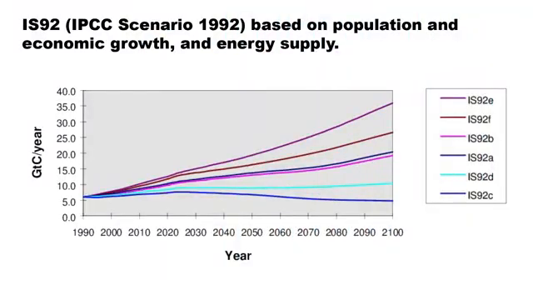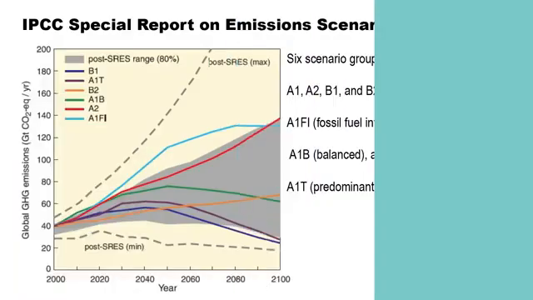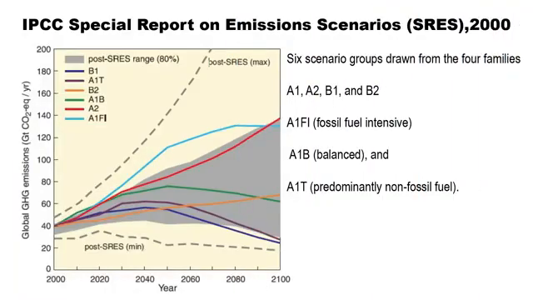The first climate change scenario, called IS-92, was released in 1992. It consisted of 6 global and regional greenhouse gas emission scenarios projected from 1990 through 2100. Much has changed since then in our understanding of possible future greenhouse gas emissions.